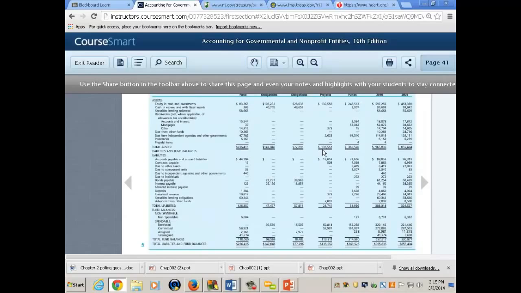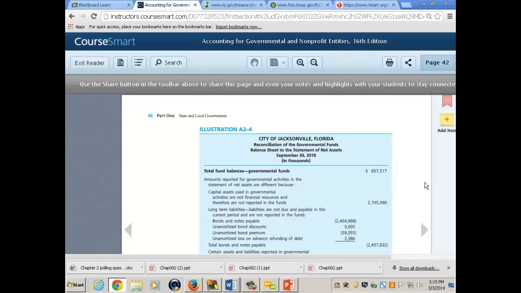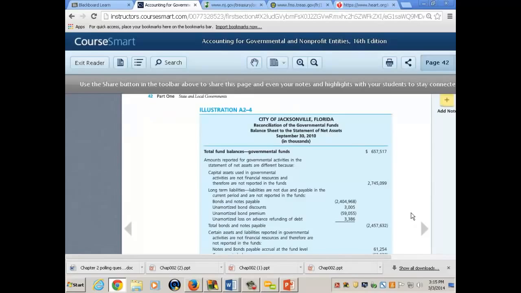So that is the balance sheet of the governmental funds. Let's look at the income statement. All right. So we had statement of net position and we had balance sheet, right? And we had a Rutgers graduate who says, I'm going to get to the bottom of this. These two different numbers.